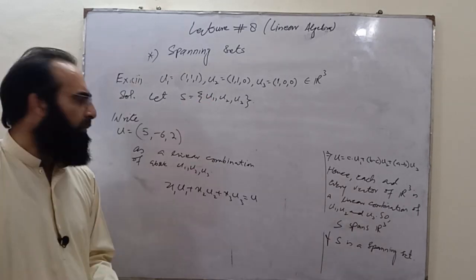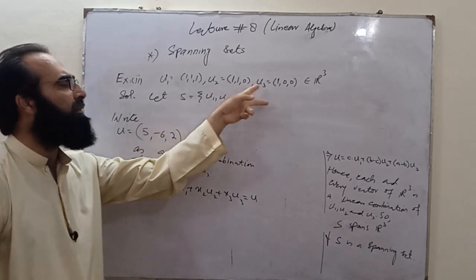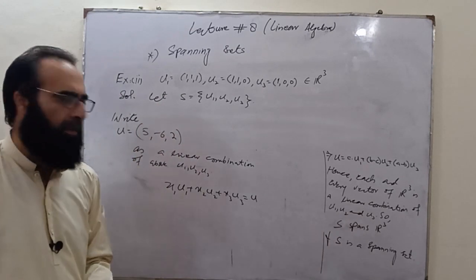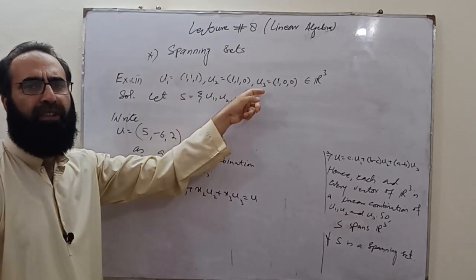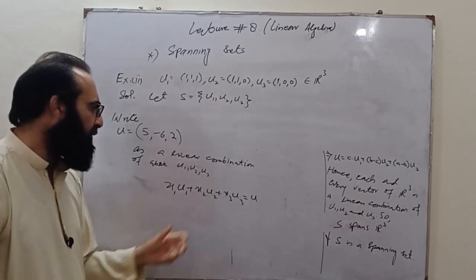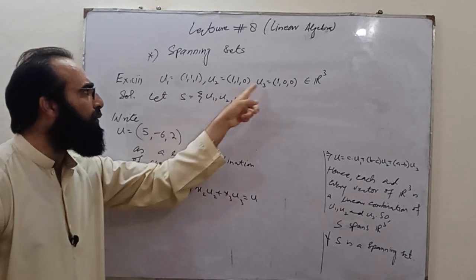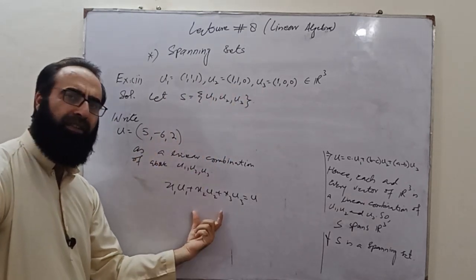For example, we have to write this vector as a linear combination of these three vectors. There are two ways to write this u as a linear combination of these three given vectors. The first way is to put the given vectors u1, u2, u3 and this specific vector in this equation and solve this system.